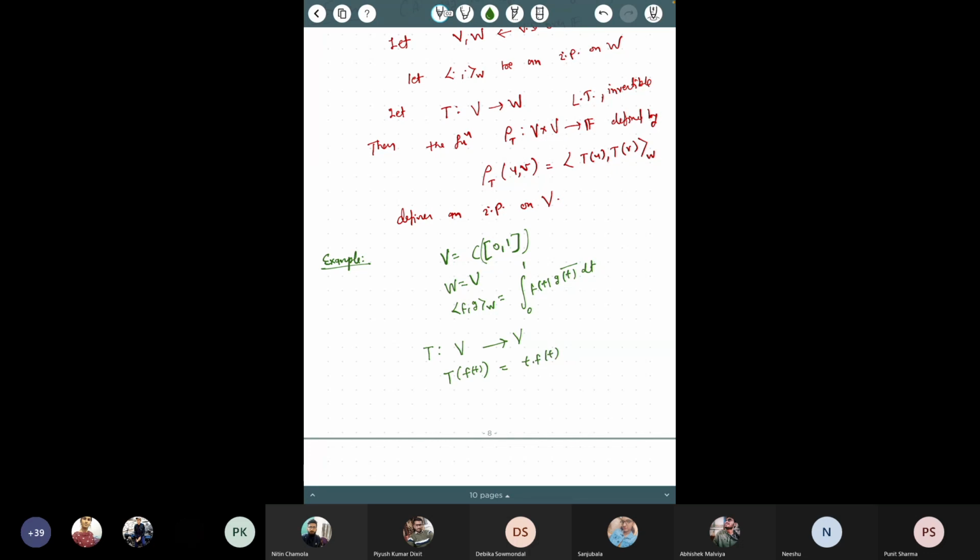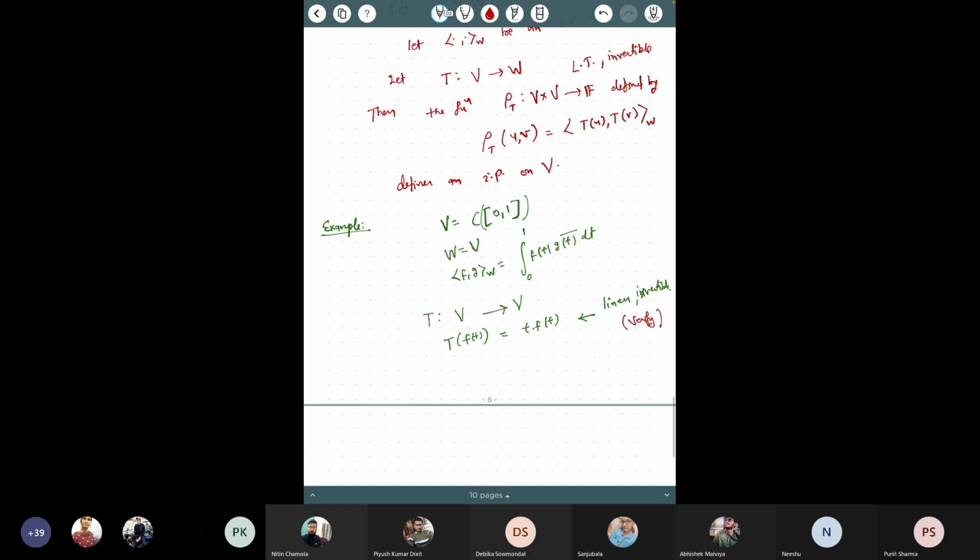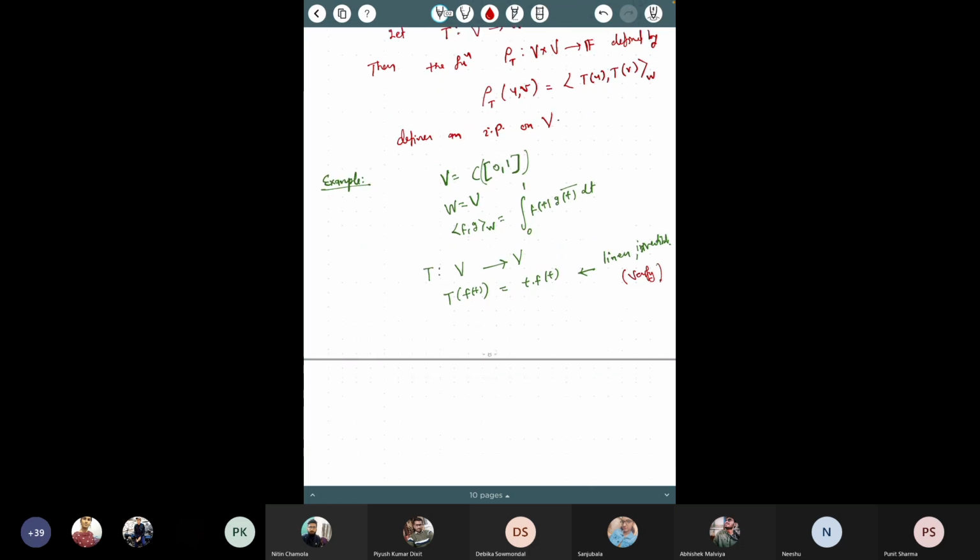Now you can see that this is a linear transformation, and it is not only linear, it is also invertible. This you can verify. So now we have W with an inner product, and we also have a linear invertible map. Then by using the above result, we can find an inner product.